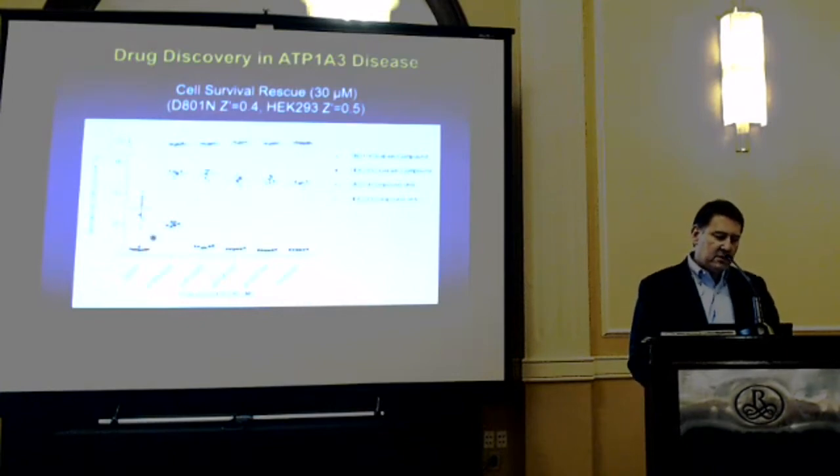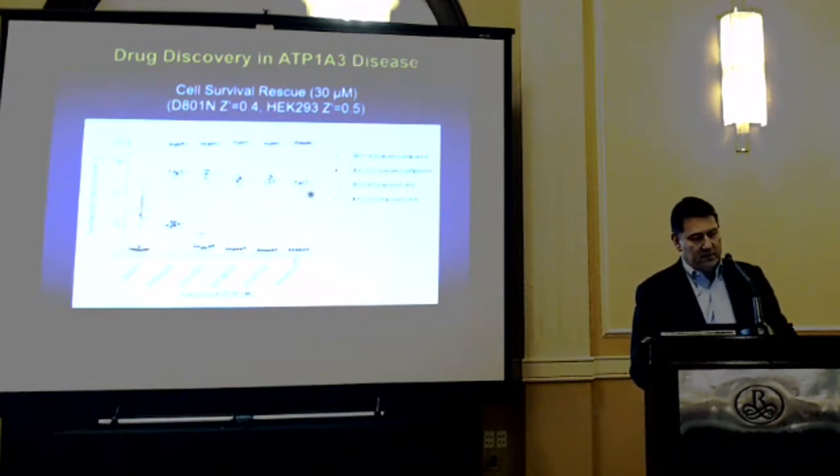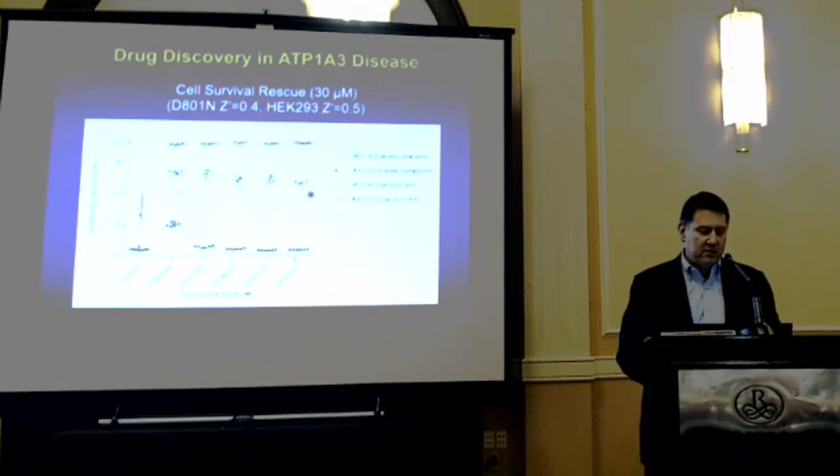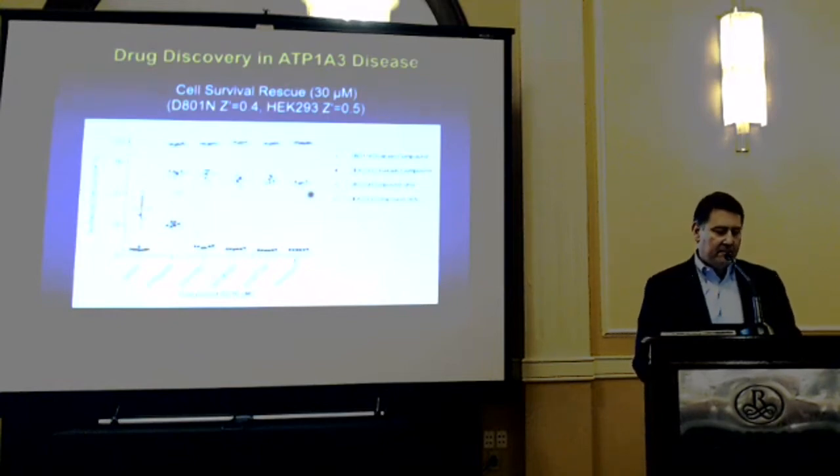I realize this is confusing, but normally what we saw was that normal cells didn't die. Sorry, this is cell survival. Anyway, the bottom line is we found a few compounds that seem to protect the cells from ouabain-induced death, which suggested maybe some of those are actually activating the pump.